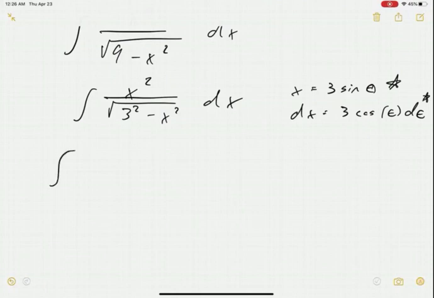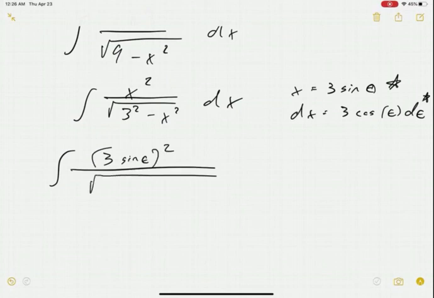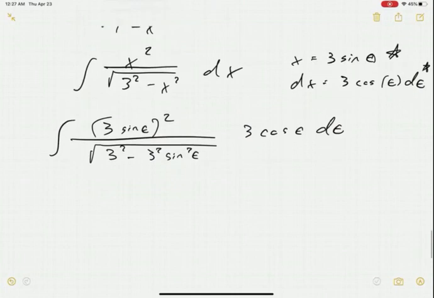I'm going to replace the x squared in the numerator with 3 sine theta, and then I'm squaring it. So my new integral is this. The rest is simplifying. First step, I could bring the 3 out.